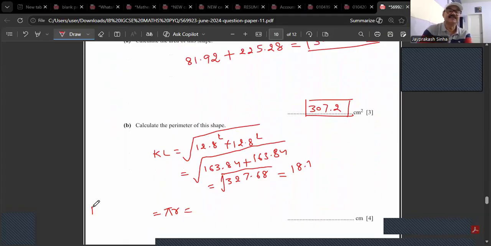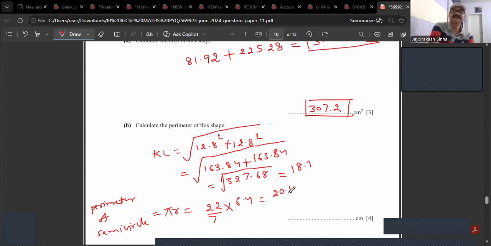Pi is equal to 22 upon 7, multiplied by r, which is 6.4. Calculating, 22 multiplied by 6.4 divided by 7, we are getting 20.11, or 20.1 we can take.